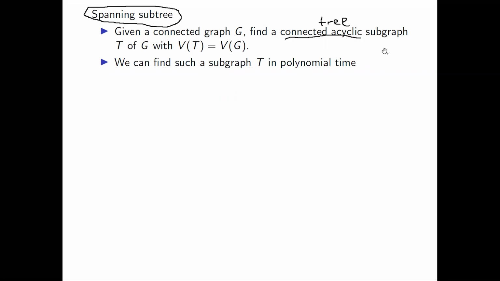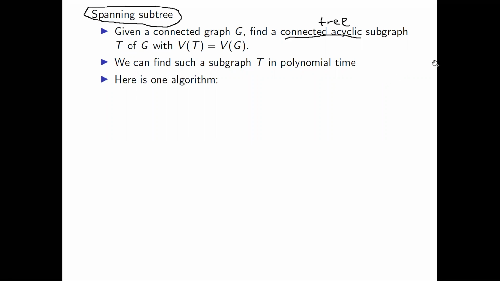And again, these algorithms are polynomial time in the size of the instance, so the size of the graph. When we're talking about polynomial time in the size of the graph, we mean polynomial time in the order of the graph, the number of vertices.